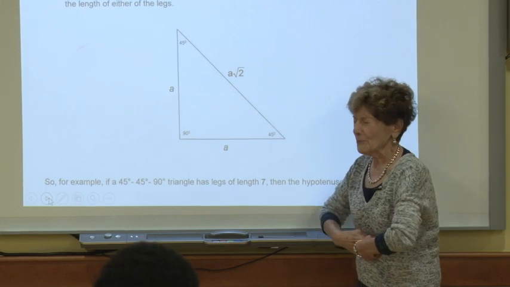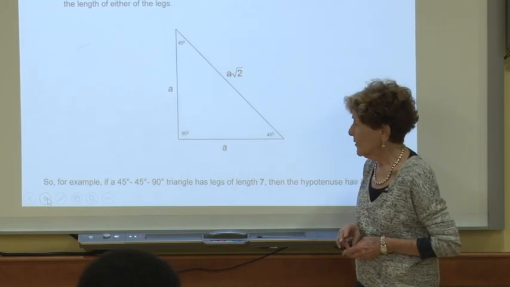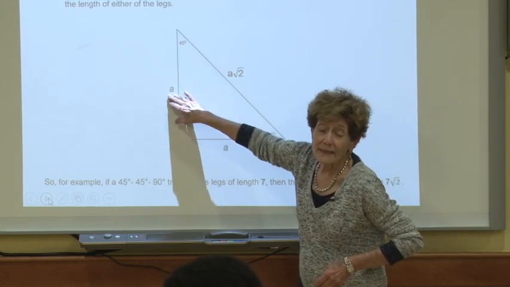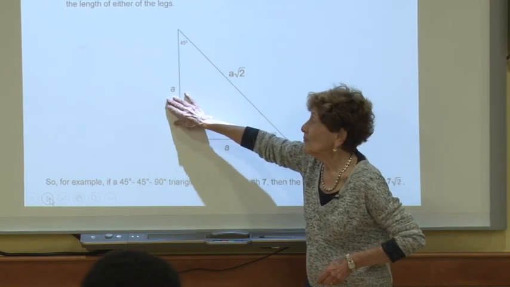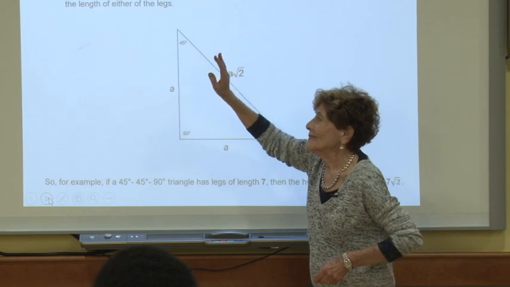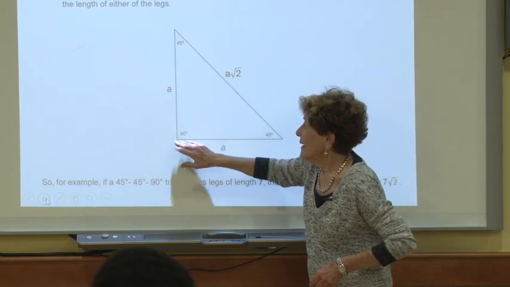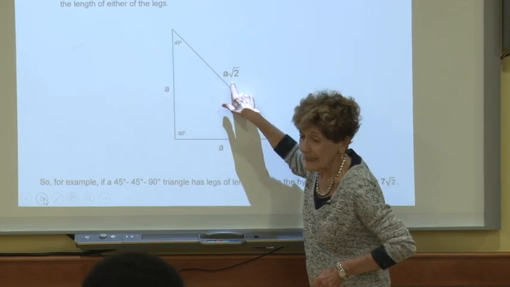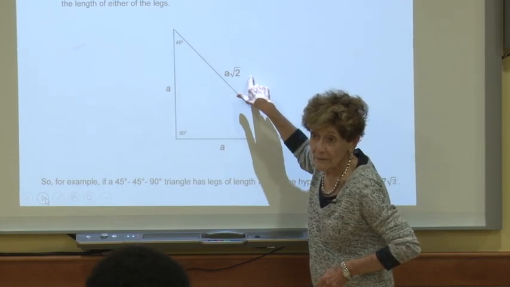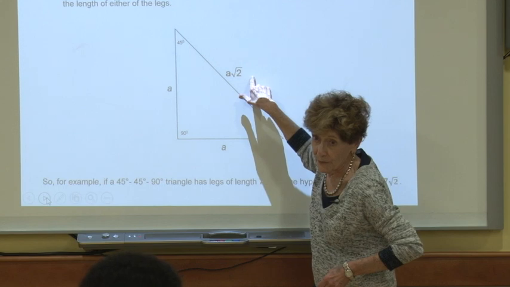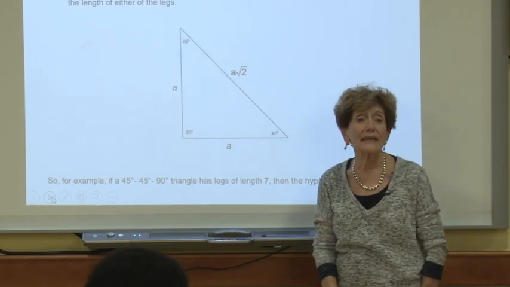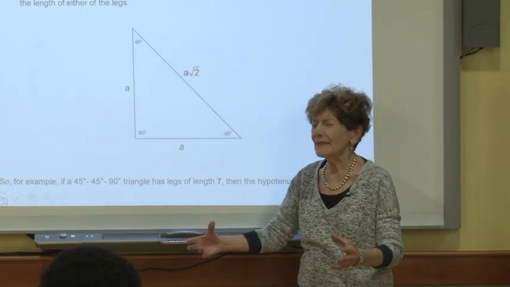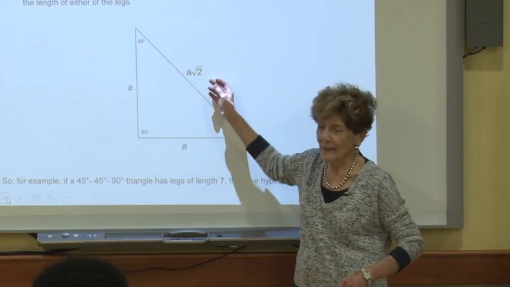Whatever he is, he can be an A, he can be 10, he can be 50, he can be 2,500. The hypotenuse in English is always whatever he is times, what kind of 2? Square root of 2. That's all you have to know.